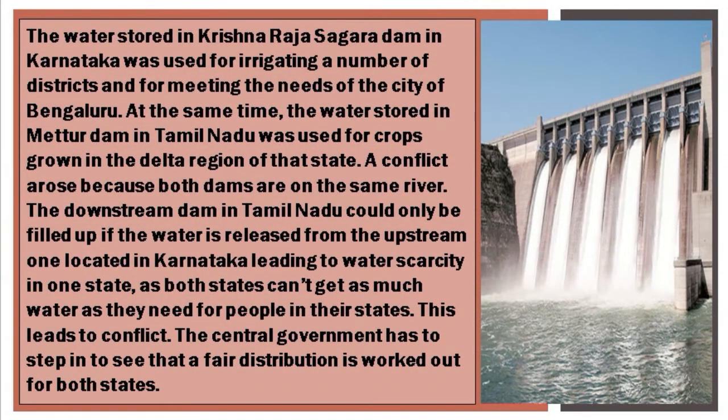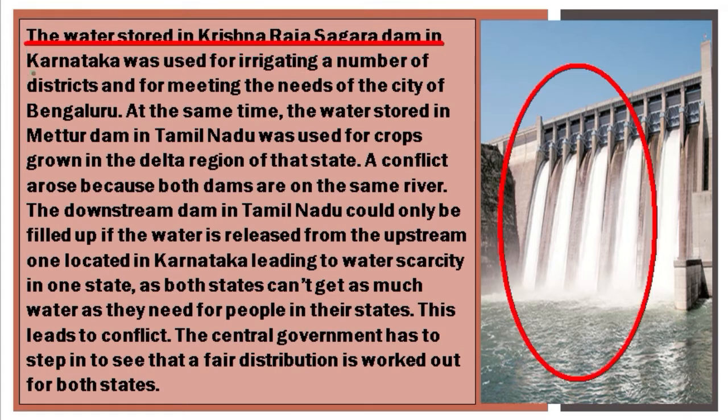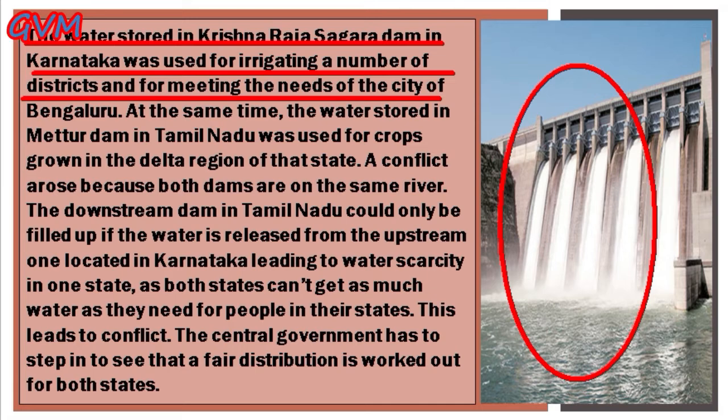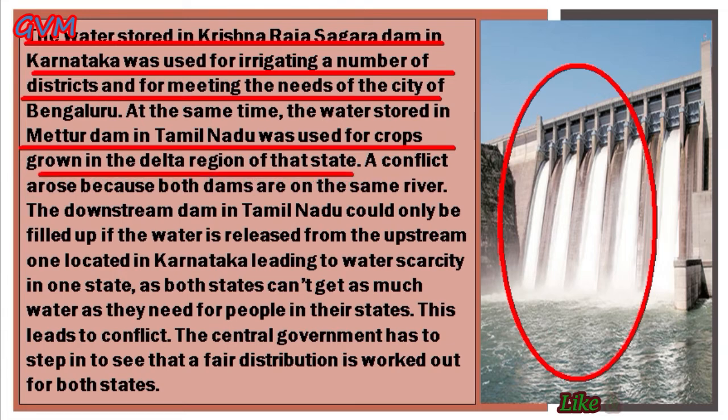And students, the water stored in Krishna Raja Sagar Dam in Karnataka was used for irrigation by a number of districts and for meeting the needs of the city of Bengaluru. Whereas at the same time in Tamil Nadu, the Mettur Dam was used for crops grown in the delta region of the state.